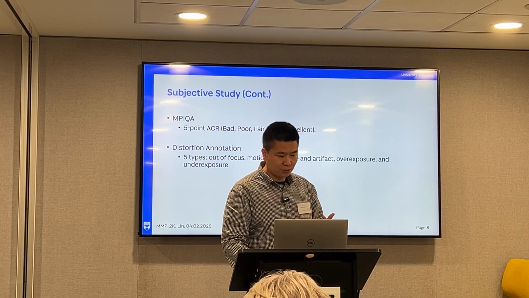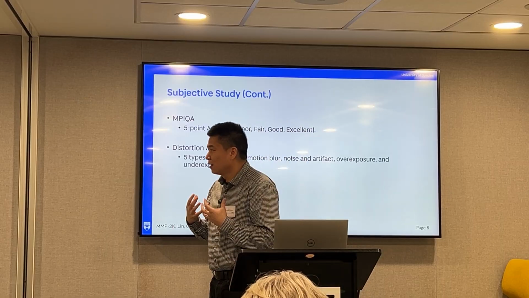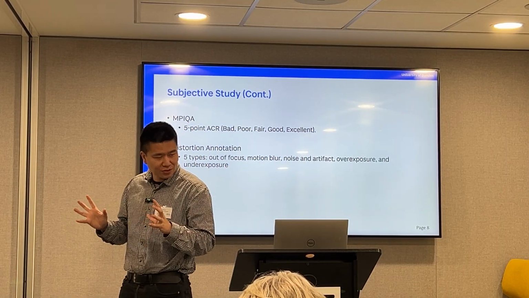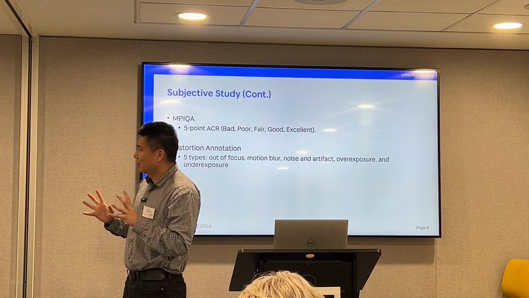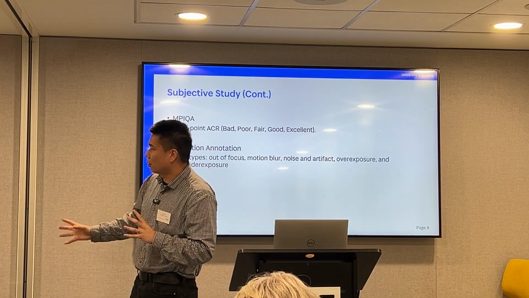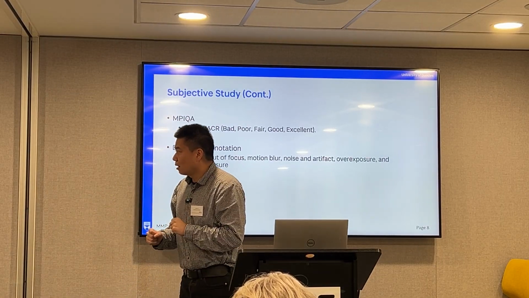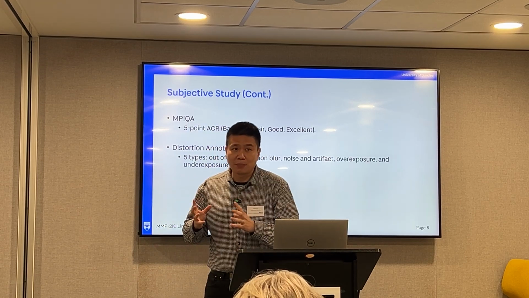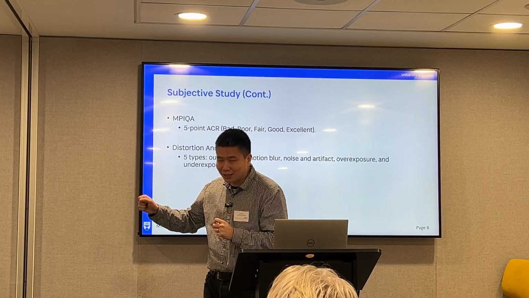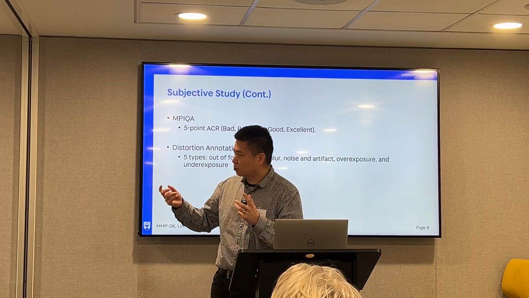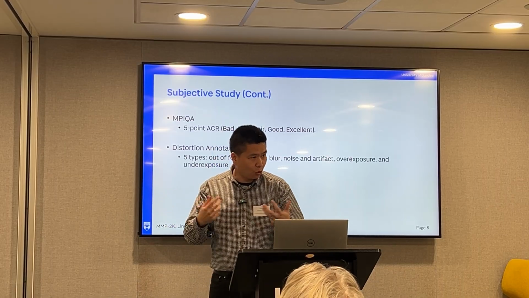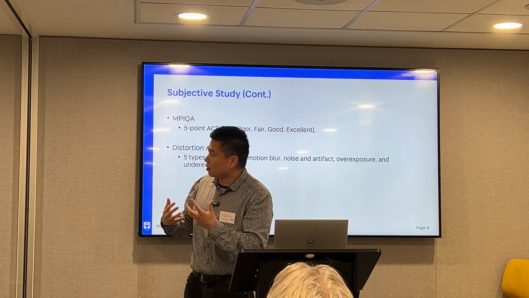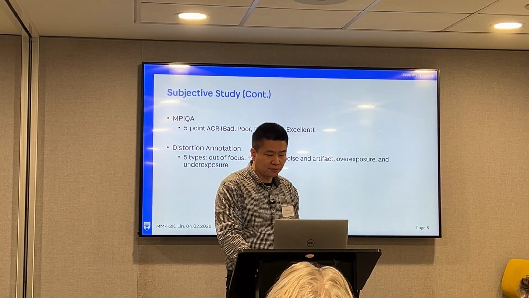For the annotation, we found that for these macro images, most of them have five types of distortion: out of focus, motion blur, noise and artifacts, overexposure, and underexposure. Of course, we also allowed participants to write down and describe any distortion not listed in these five types.